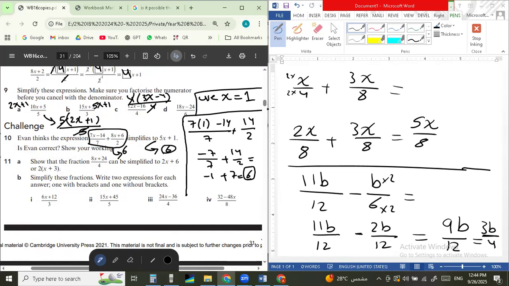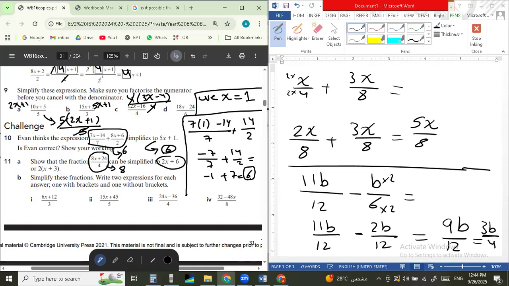The next one here, show that the fraction can be simplified to this. Same thing exactly. Use x equals 1, use x equals 2. You're going to find that this has the same value as this one. If you use x equals 1, this one will give you 8 times 1 is 8, plus 24 is 32, over 4, which gives you 8.